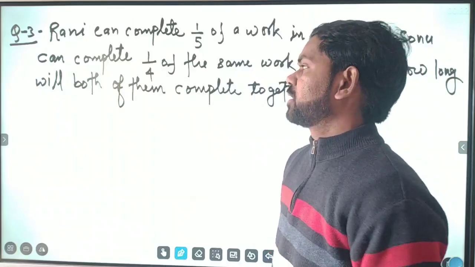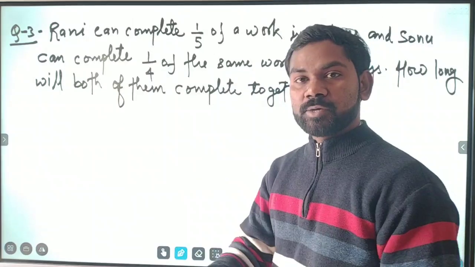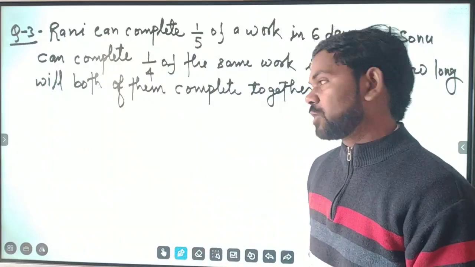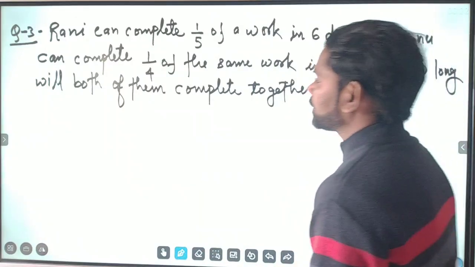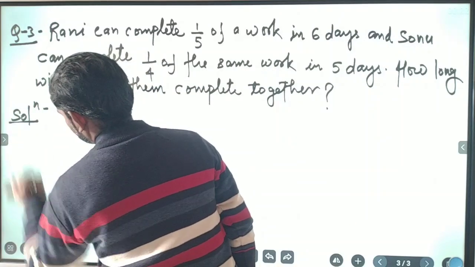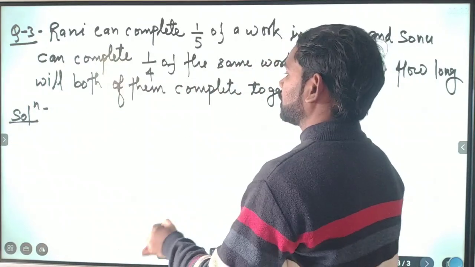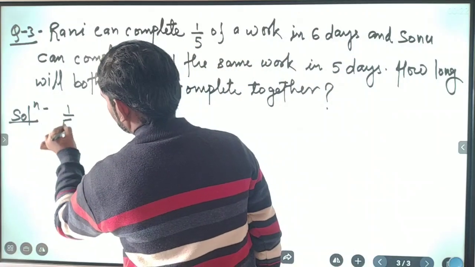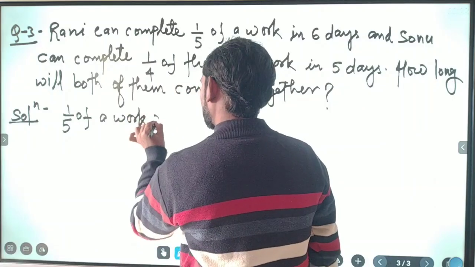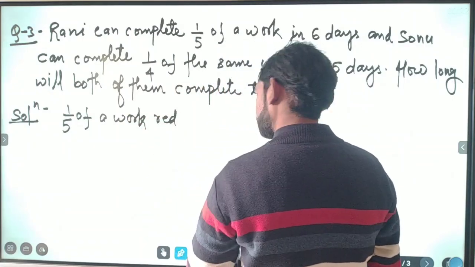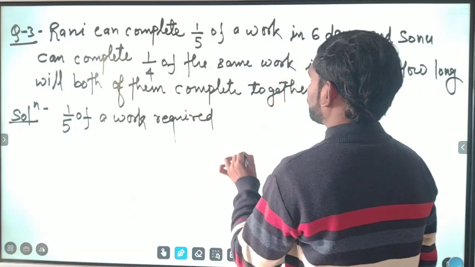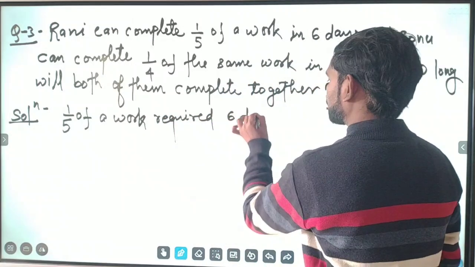Now let's see, this question has an additional step, and I will show you what the additional step is. Here in the solution we can see that 1/5 of the work requires 6 days.